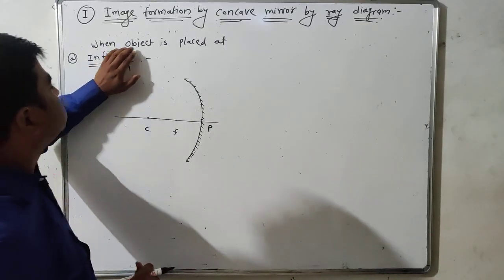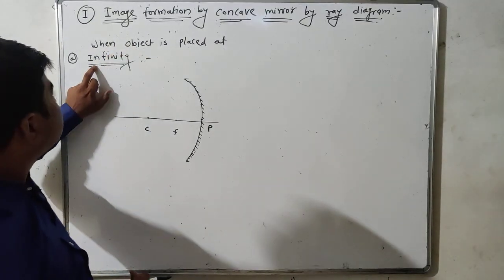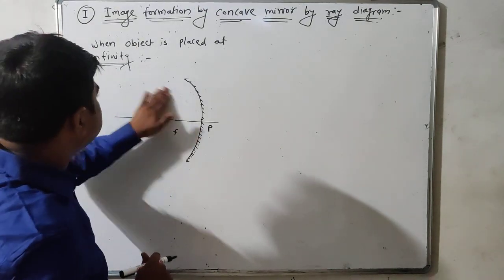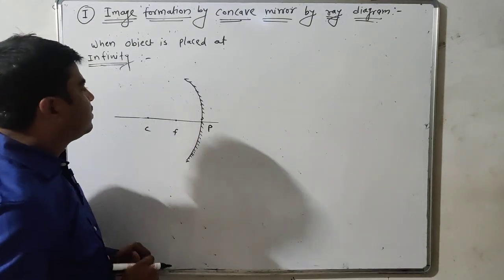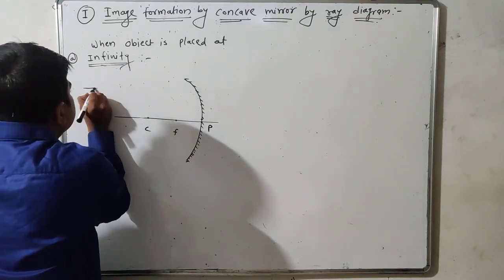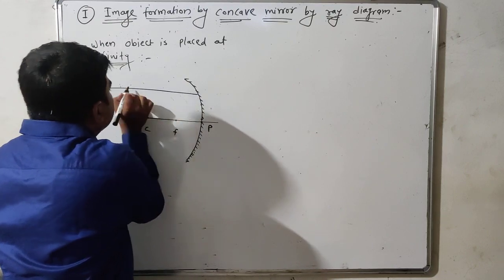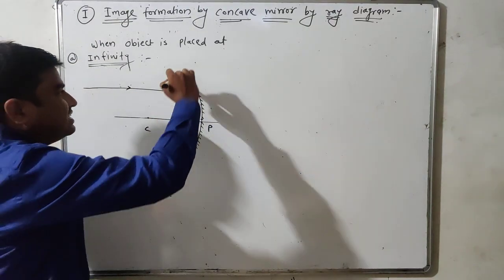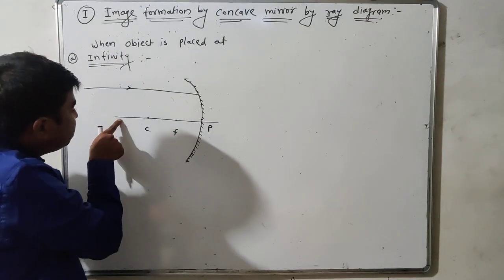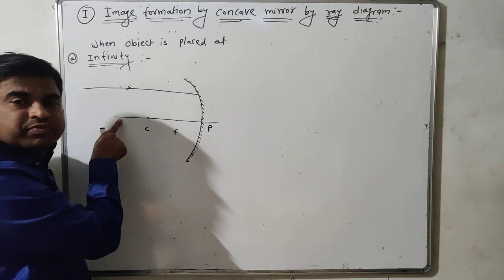of that point object or that object which is located at infinity, we need to draw a ray diagram here. Suppose this is the ray which is incident upon this concave spherical mirror, and it is found to be parallel to the principal axis.